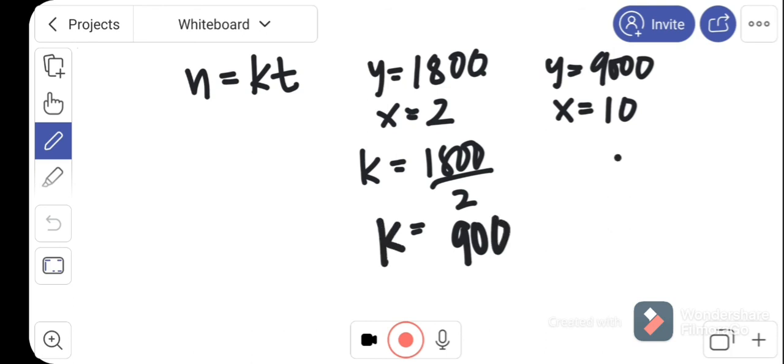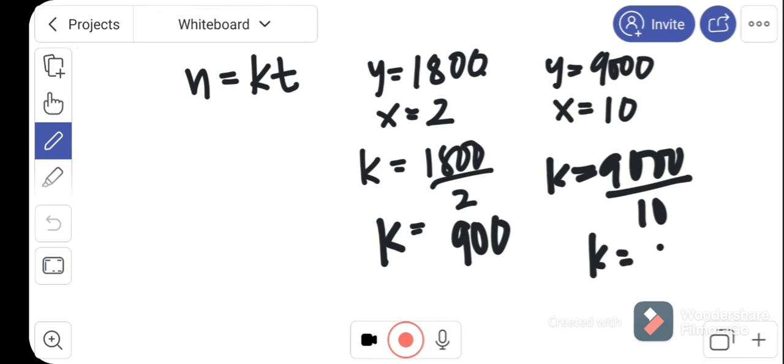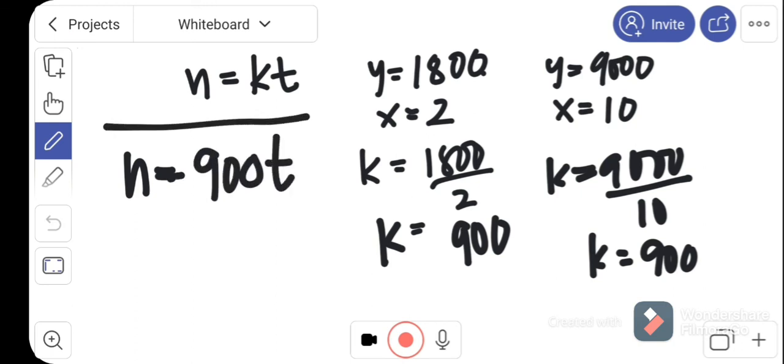Let's check if that's the same with the other point from the graph. 9,000 divided by 10 is also 900. Therefore, the constant of variation for this problem or for the given graph is 900. Then let's change the equation: N is equal to 900T for the equation of the given graph.